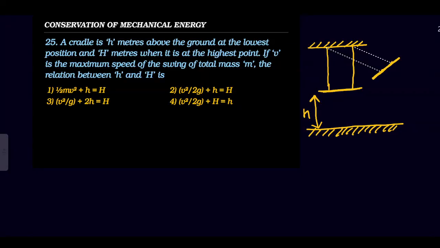So this height they have given as capital H. Isn't it? Now if v is the maximum speed of the swing of the total mass, they are asking to find the relation between small h and capital H.